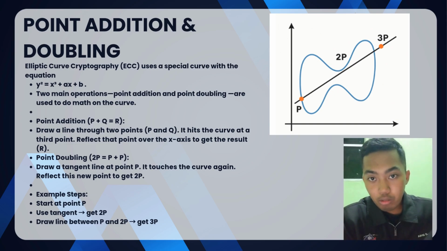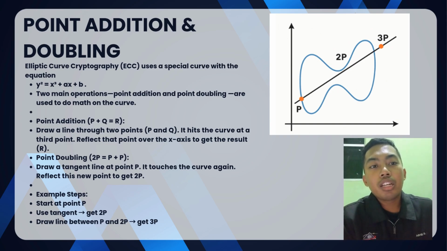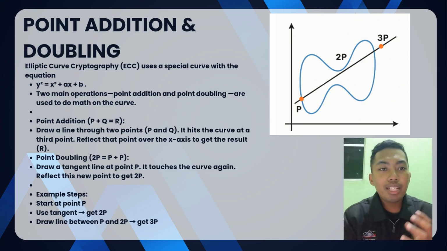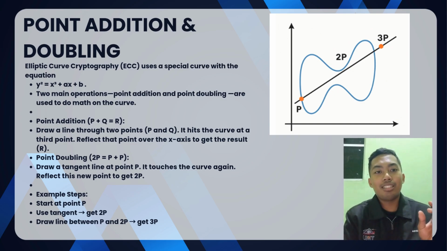Hello, Assalamualaikum. I'm Ashik. I want to continue with the explanation of the Java code implementation of ECC, elliptic curve cryptography. This code shows how two people can secretly share a key using ECC.